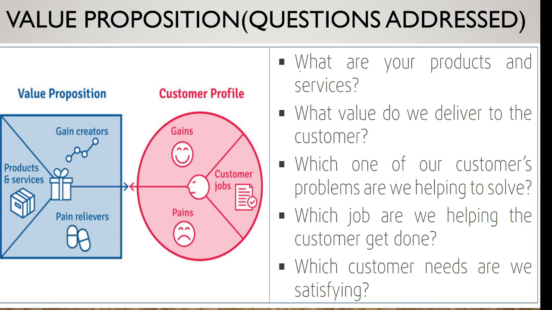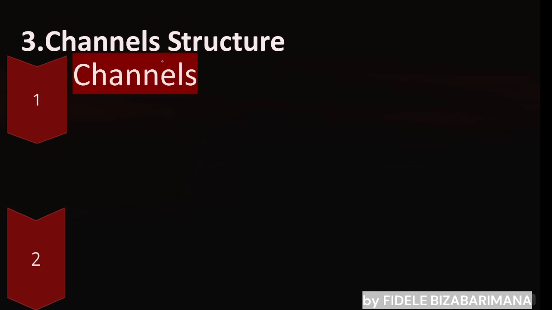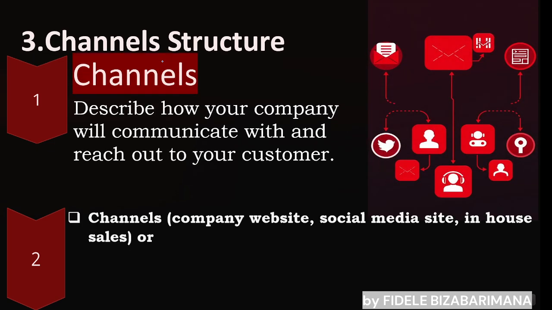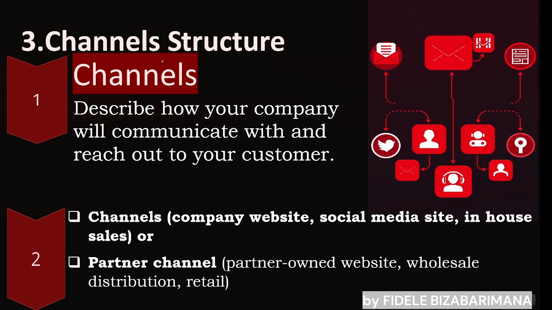What value do we deliver to the customer? Which one of your customers' problems are we helping to solve? Which job are we helping the customer get done? Which customer needs are we satisfying? So with this, you will be able to come up with a unique solution to the problems of customers.